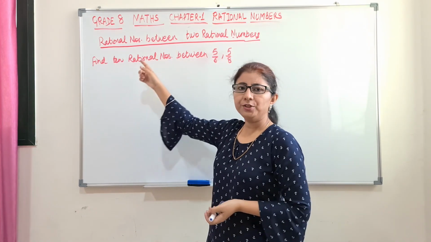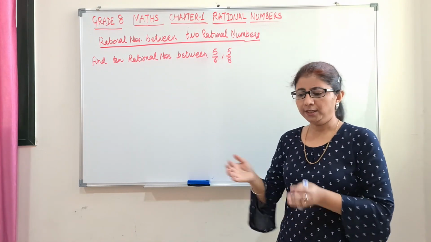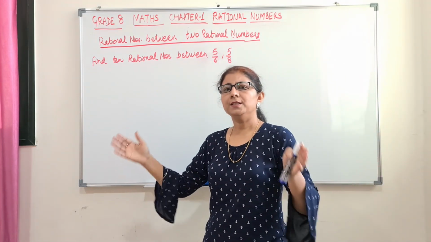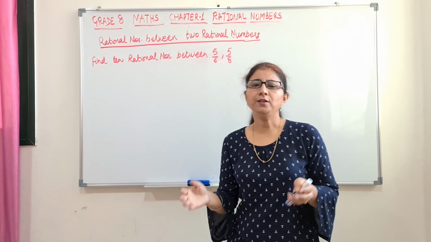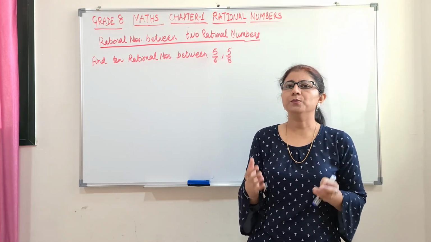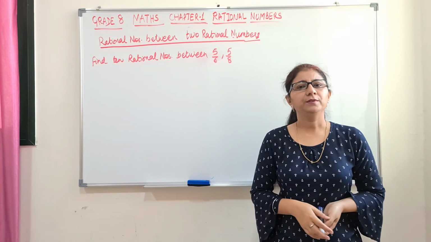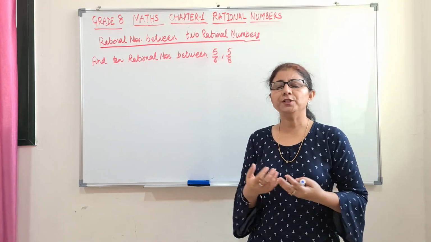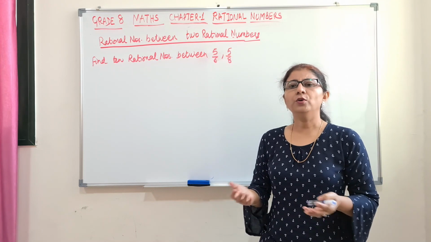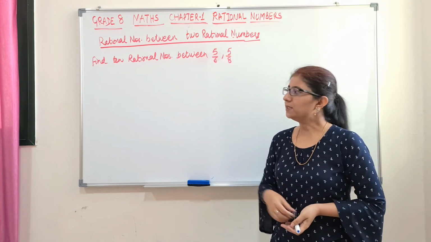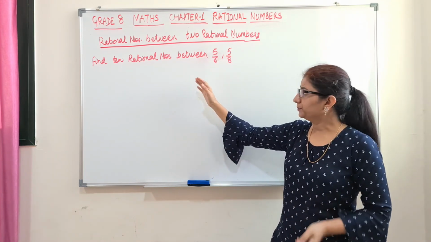But in case of rational numbers, as we did on the number line, we can divide any two numbers into as many partitions as we like. So there will be indefinite numbers between any two rational numbers. So in your examination, sometimes a question will come: find two rational numbers between any two numbers, 4 rational numbers or 10 rational numbers. Let's solve it with an example.